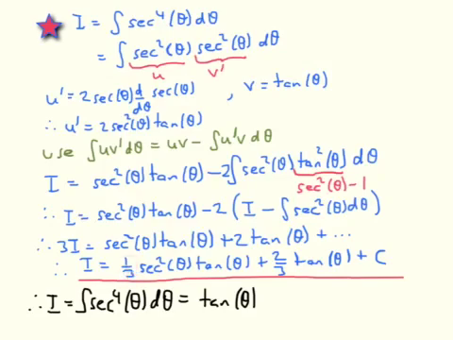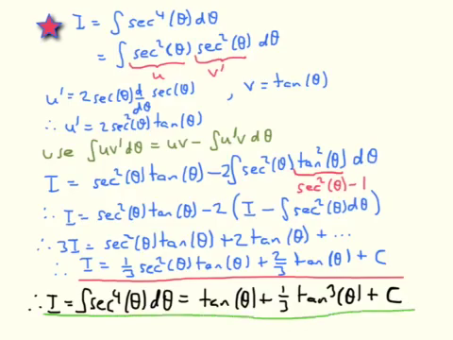And then we have 1/3 times tan squared times tan, so that's tan cubed, so it's plus 1/3 tan cubed of theta plus an integration constant. And that is our result for the integral.